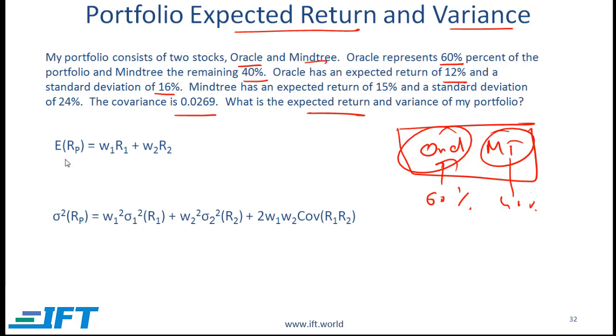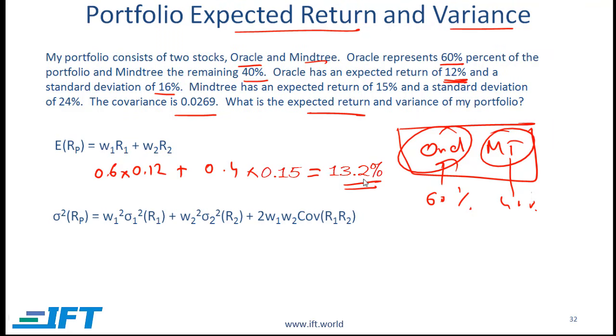So the expected return on the portfolio will be the weight of the first stock, which is Oracle, so that's 0.6, multiplied by the expected return on Oracle, which is 12%, so into 0.12, plus the weight on the second stock, which is 0.4, multiplied by the return that is expected on the second stock, which is 15% or 0.15. So we do the maths and we get 13.2%.